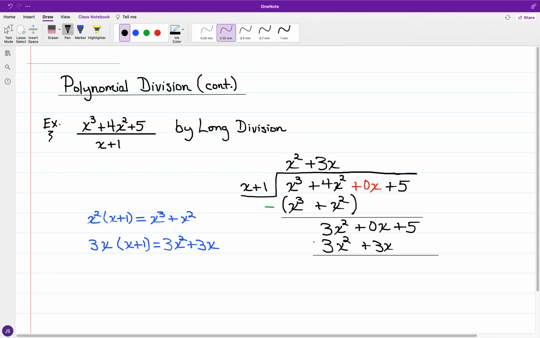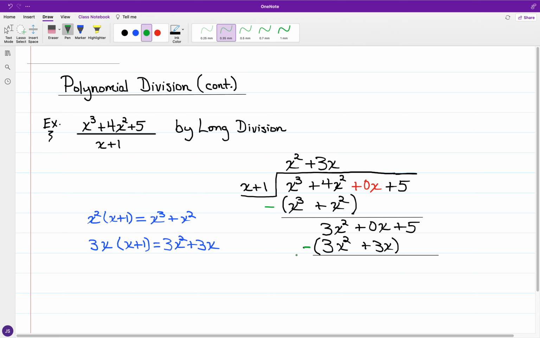Reapplying the subtraction: the first round of subtraction eliminated x cubed, now we're going to have the elimination of 3x squared. So 3x squared minus 3x squared goes out.